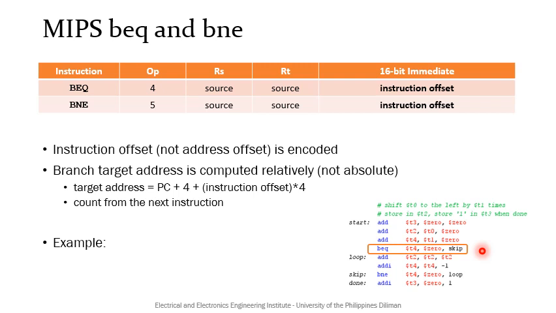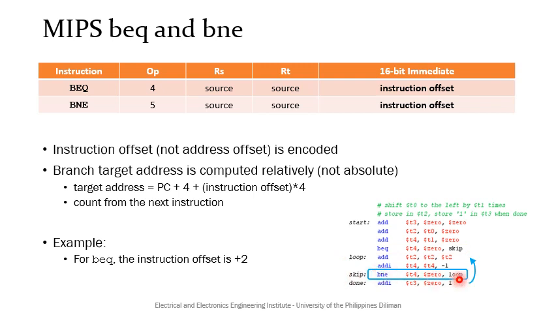We are to count from the add instruction below it up to the target address. That is 2 instructions forward. And therefore, the instruction offset for the BEQ instruction must be positive 2.